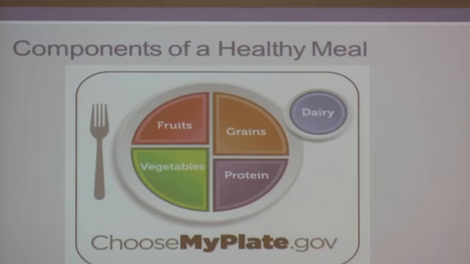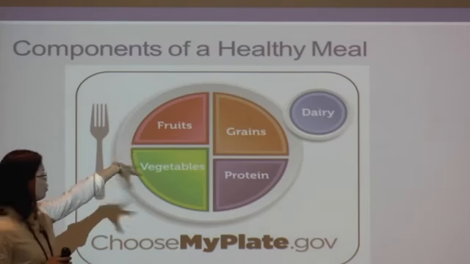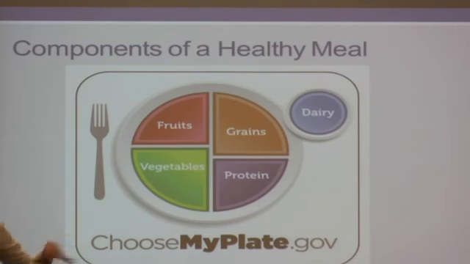So basically, we've got 5 food groups. The grains food group, I typically like to call the grains and starchy vegetables food group, or the grains and starches food group. But on a very basic level, if you just have a standard plate, half of what you're eating should be fruits or vegetables.